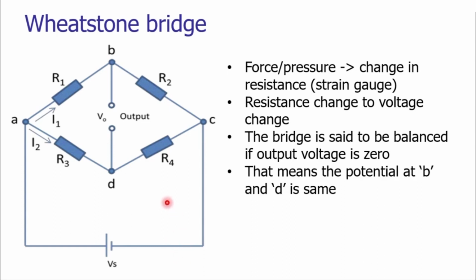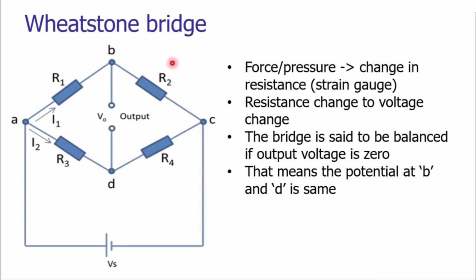It means the potential at point B and the potential at point D are equal. Then and only then do we get the voltage across B and D as 0. This is the ideal condition. So we choose the values of R1, R2, R3, and R4 in such a way that the output voltage will be 0, and the bridge is in balanced condition.